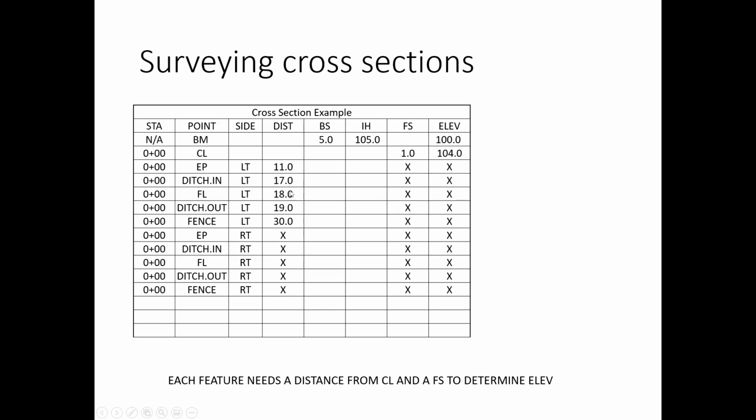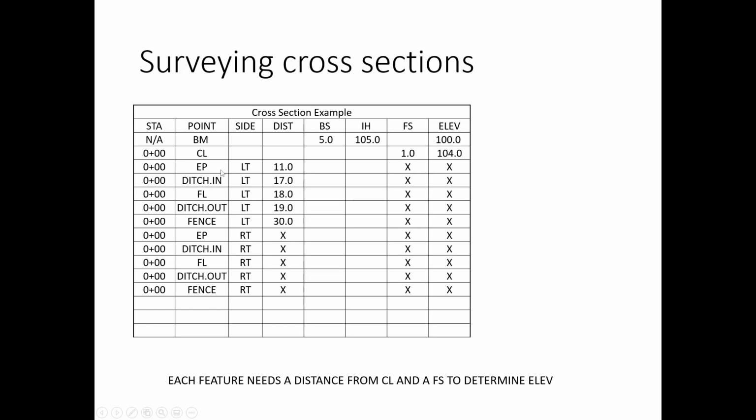These are kind of typical distances out for each one of these. That's why I kind of put them in here. So we can have the inside ditch side, the flow line of the ditch, the outside of the ditch, and the fence line. So all on the left side, and then we'll have the same measurements on the right side. There may be other things, other features, if there's something really unique about the area, but this is kind of the main things we're looking for.